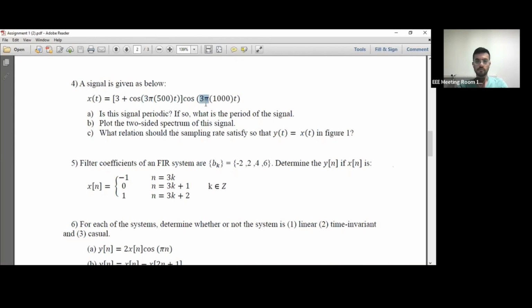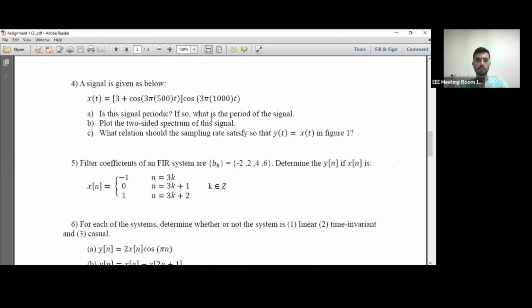Similarly, here we should write 2 pi times 1500. So please pay attention to the signal. So we have 750 and 1500, because the LCD of this one is 750, so that would be periodic.